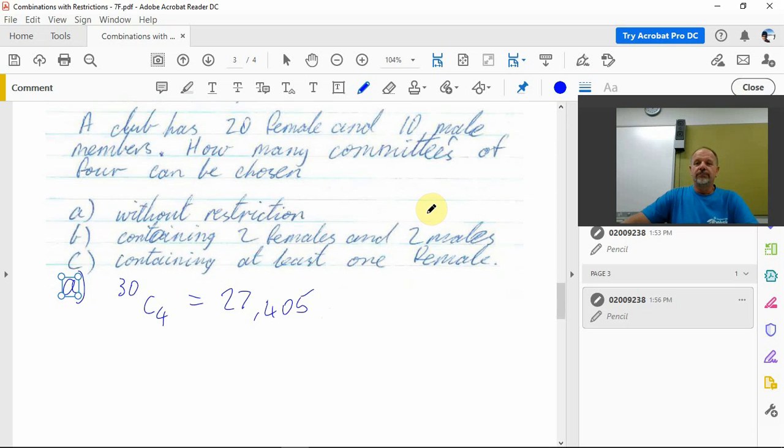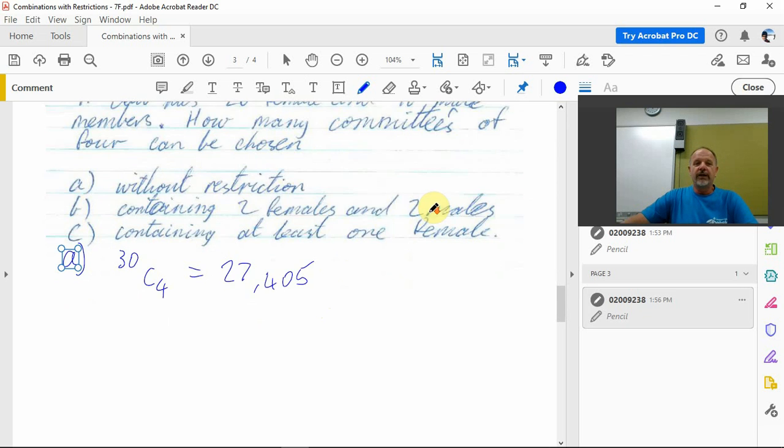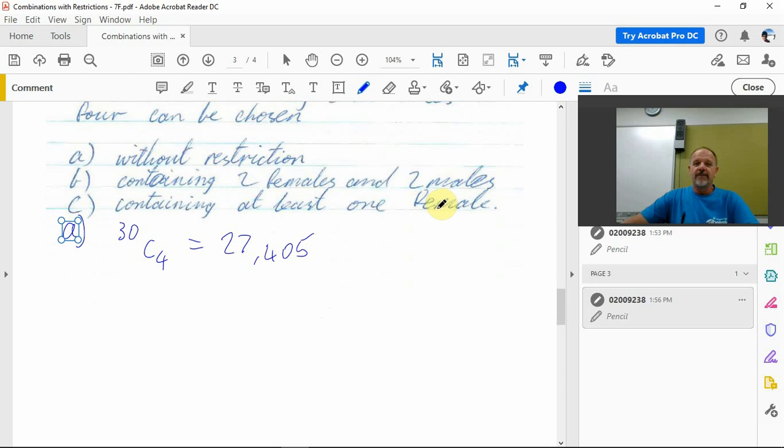No restriction. However, in B, there is a restriction. We've got to have 2 females and 2 males.